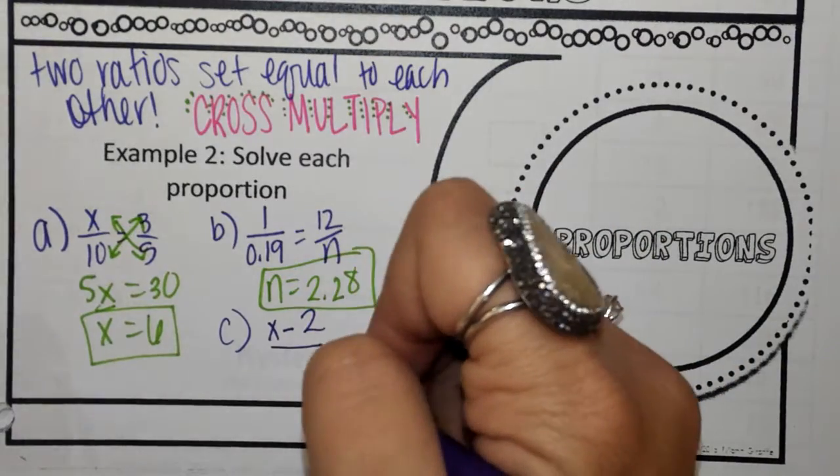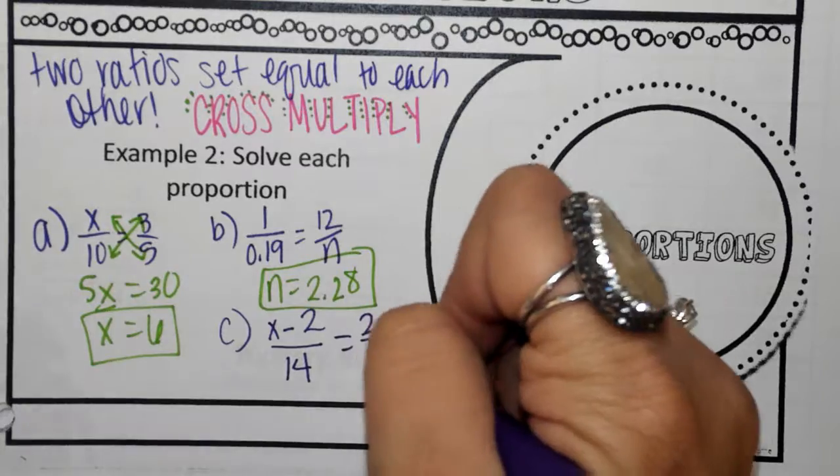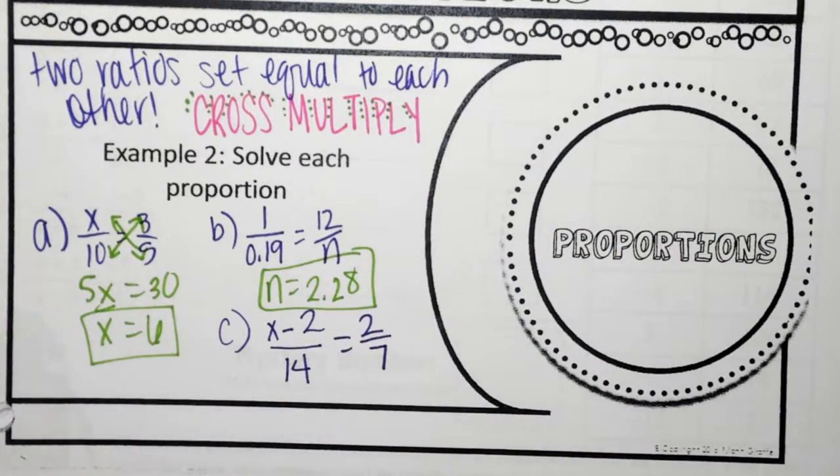All right, x minus 2 divided by 14 equals 2 divided by 7. Please don't freak out yet. Do you think we do anything different? You still cross multiply.